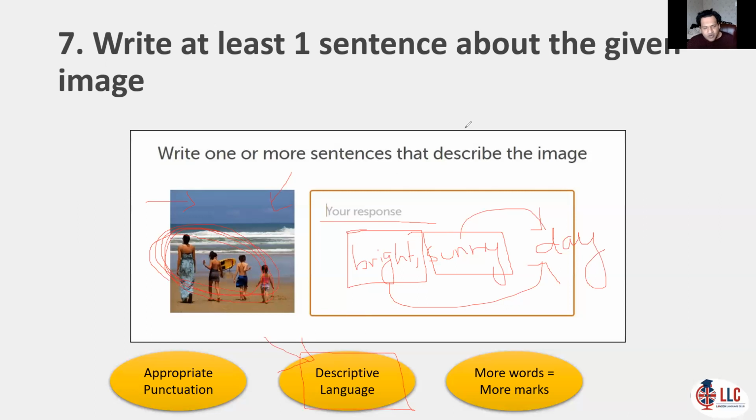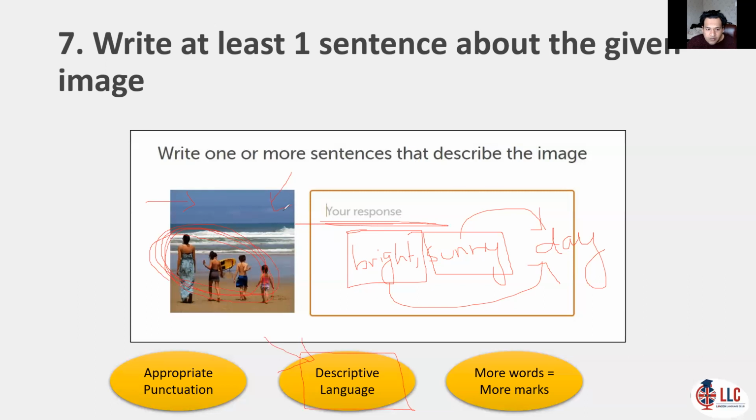You can do some research on Google on how to use descriptive language and how to describe pictures, and do some practice using Google Image. This will be very helpful for you. But one thing to note is that if you don't know how to describe a picture, it's completely okay to communicate that in your response, but you need to be very specific to the question.